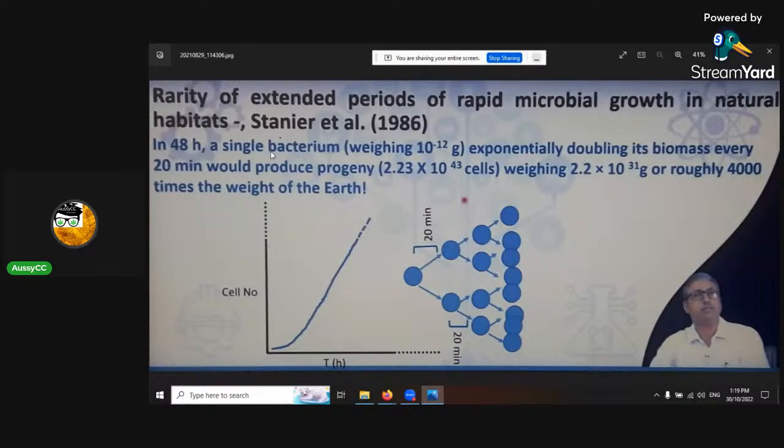If it was in perfect conditions, it would roughly cover 4,000 times the weight of the Earth in 2 days. Yeah, it's fascinating. That just shows you that microbes need the right conditions to reproduce in. And once it gets too favourable, or there's too much of this, or they've expired too much of that, they'll stop their growth, and they'll even go into spore form.